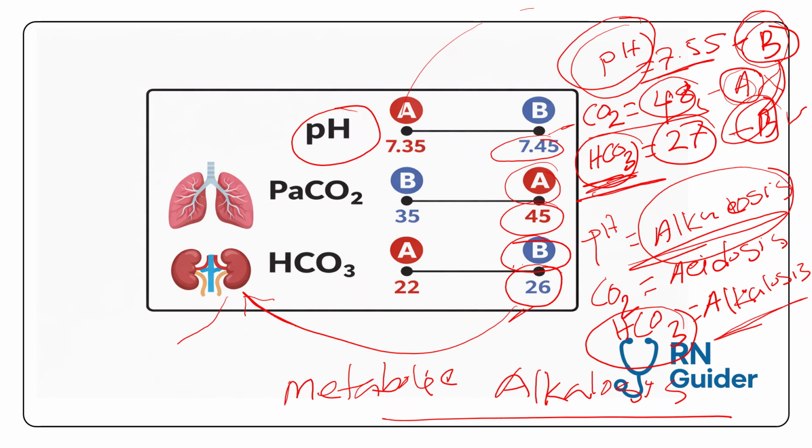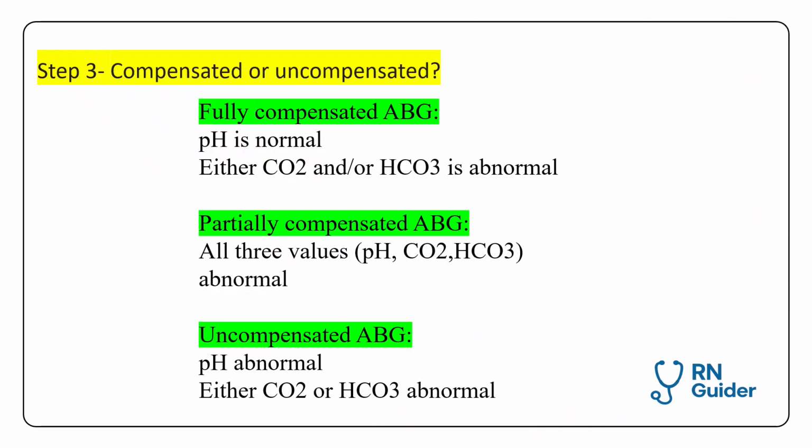So now in step 3 we will discuss whether this ABG is compensated, uncompensated or partially compensated. Here we will discuss a very common question: how will we understand that this ABG is compensated?